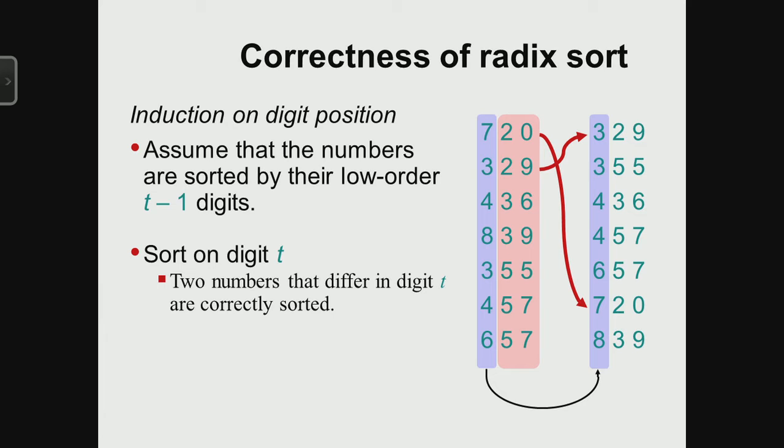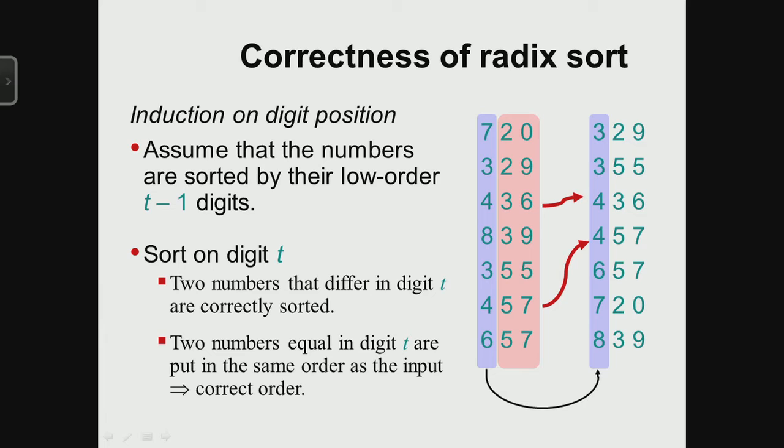Therefore, the numbers that differ in digit t are correctly sorted, and two indices which have the same value at digit t are also correctly sorted, because we are using a stable sorting algorithm. Therefore, we have the correct order among the t digits, and this completes the inductive argument.